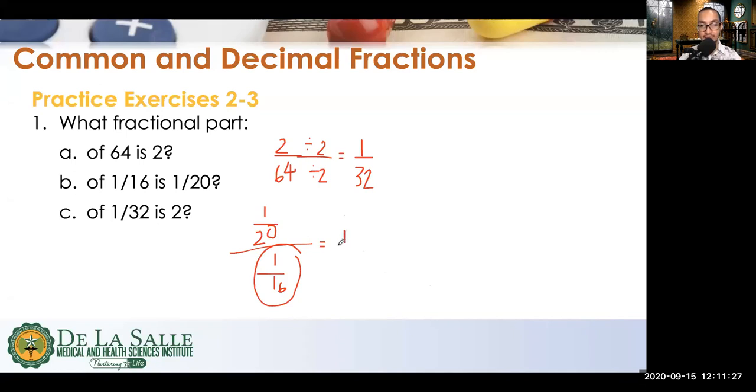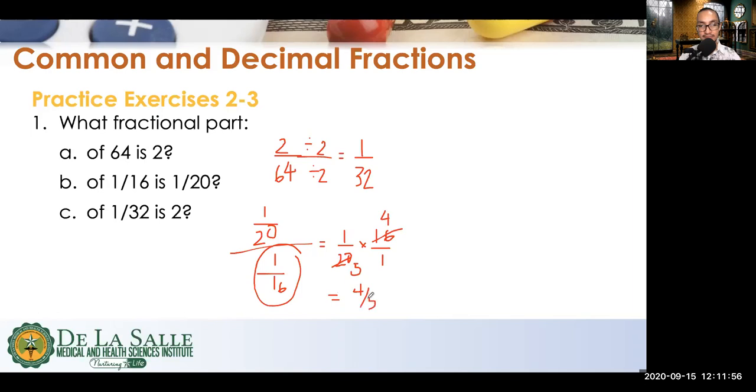So we have 1 over 20 times 16 over 1. Now, of course, in your mathematics, you know that we can already cancel this. The common factor I see is 4, and so we divide 4 from both 16 and 20. So we get 4, and this one is 5. So the answer is 4/5.